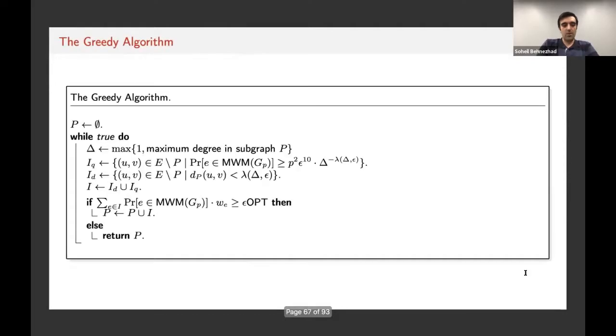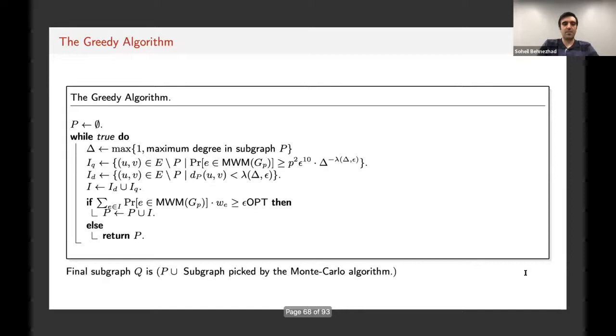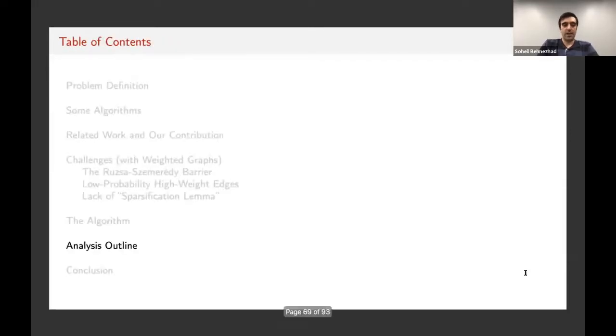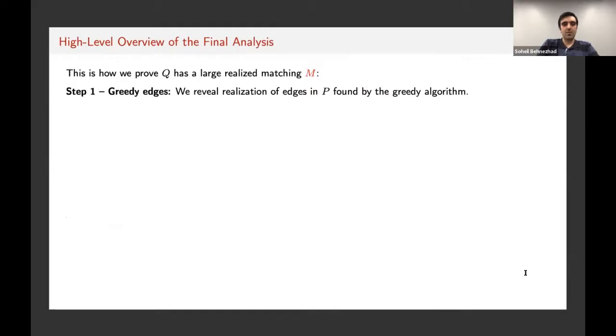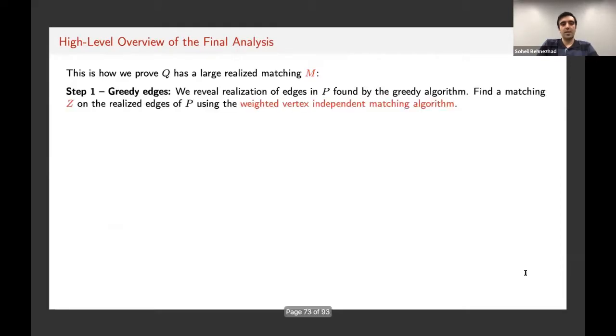Okay, I won't go through the greedy algorithm due to lack of time. But basically, the intuition is that, as I said, we are going to pick some of the high weight edges, a constant number of high weight edges incident to each vertex. Just to also mention a few words about the analysis, we first look at the greedy edges.